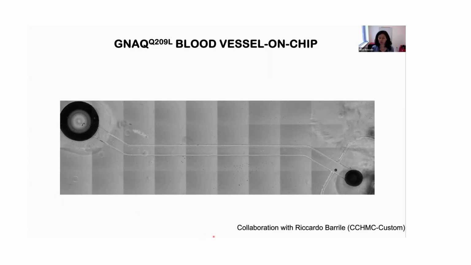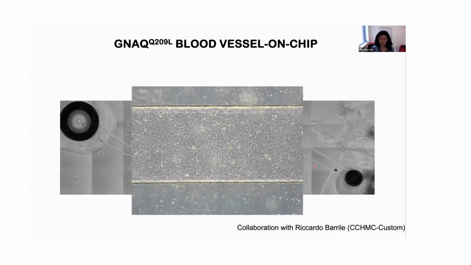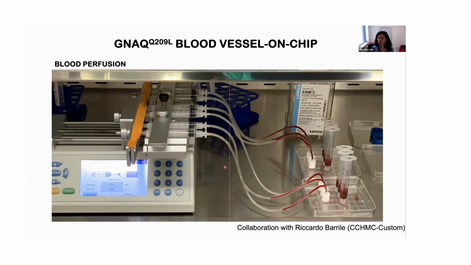And so in collaboration with Riccardo Barile here at Cincinnati Children's, we developed this blood vessel on chip. And so you can see we generate in this material an inlet where we can seed the endothelial cells. And then we can perfuse these channels with blood. And we use control donor blood, human blood.